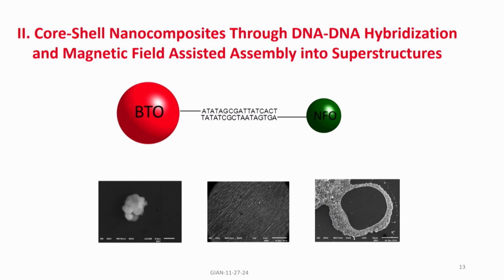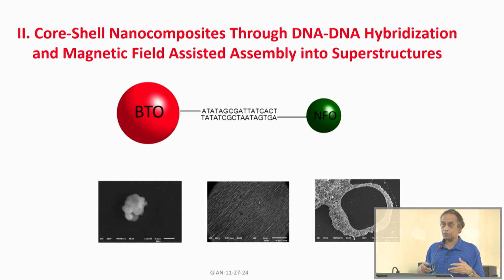DNA is the building block for any living creature. It can be a tree or an animal or humans, and everything grows according to what it should be. We don't grow fingers all over the body, it's where it is. So, it has the driving force to organize itself in a proper way. So, we thought that if you can use DNA to assemble these core shell particles, maybe it's easy to form superstructures.